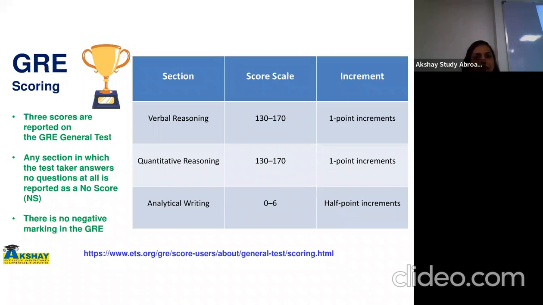So you must have thought that one question is equal to 1 point. But scoring is not as simple as you think, okay? Because the test is adaptive. So it adapts to your performance of the first section of that particular major.